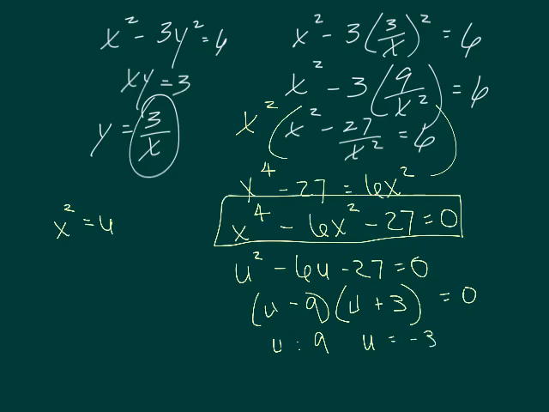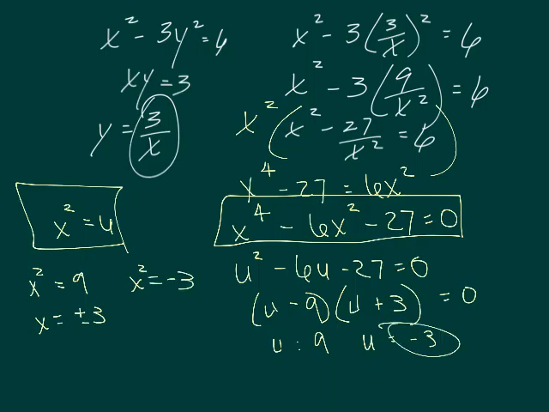Now I have to go back and switch it and find out what my x is if my u is 9 and my other u is negative 3. So x squared, which is my u, is 9, and x is plus or minus the square root of 9, or 3. And I also know that my x squared equals negative 3, my u value there.